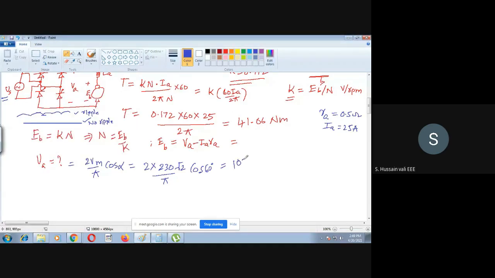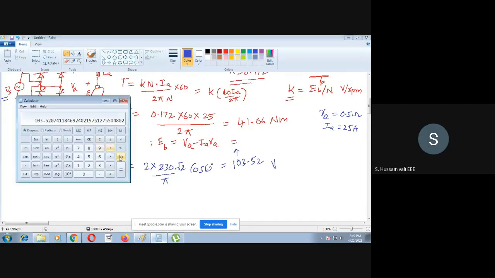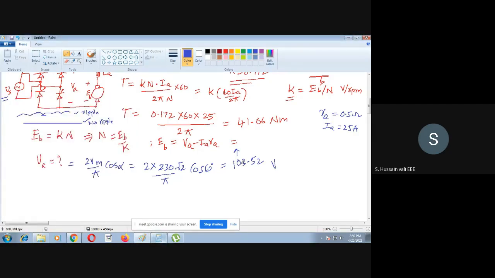So this is the VA value. Now we'll substitute the value. Did you get 536? Yes sir. Okay, no problem. I think I haven't taken the root 2 properly. It really does not matter. So 103.52, we'll put here in the previous equation.